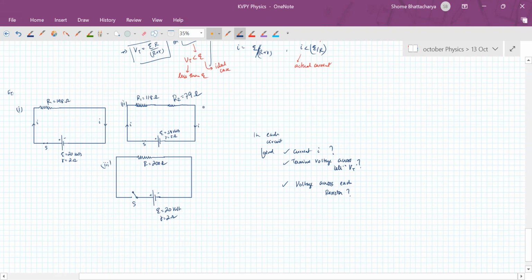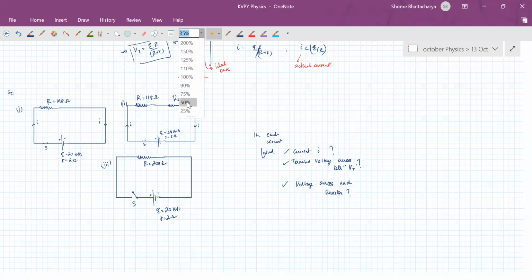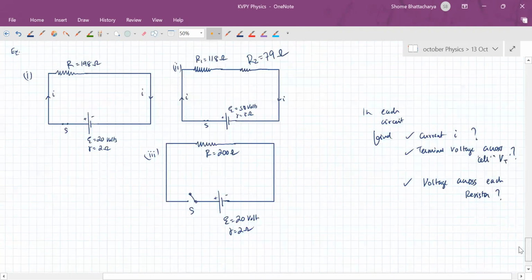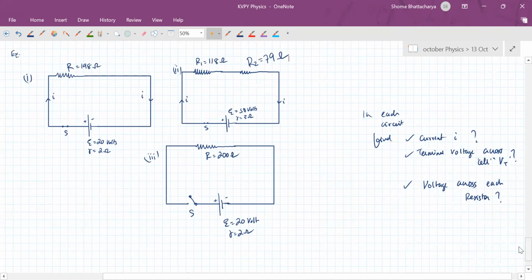So what is the value of E in the second part? E is 50 volts, and internal resistance is 3 ohms. Terminal voltage in a real case will be ER by R plus r. Why did you give it as E minus I into r?